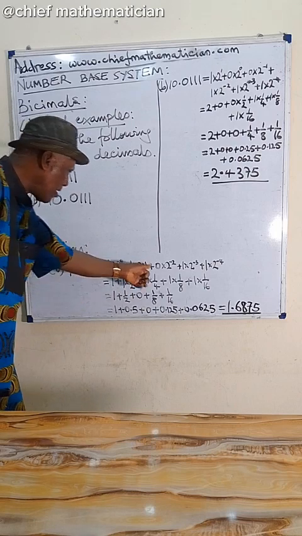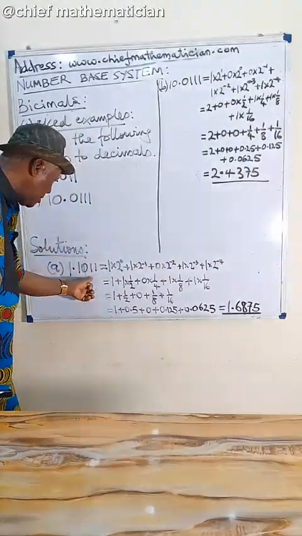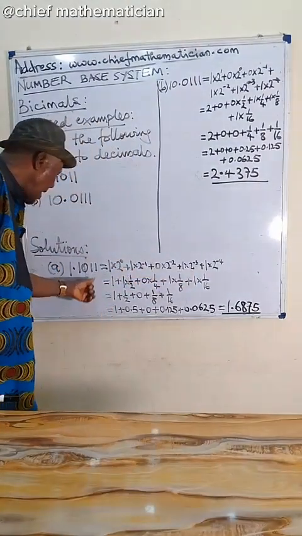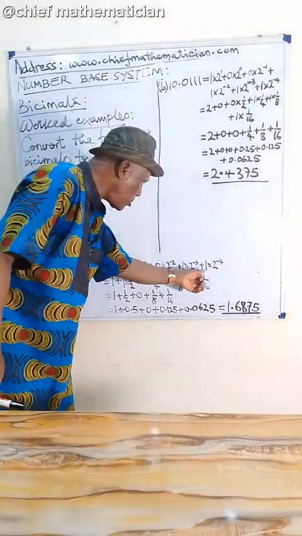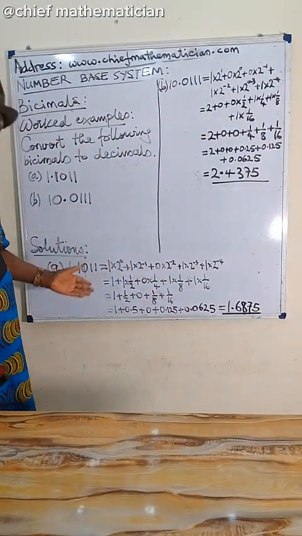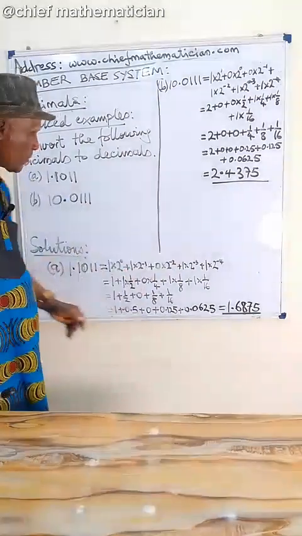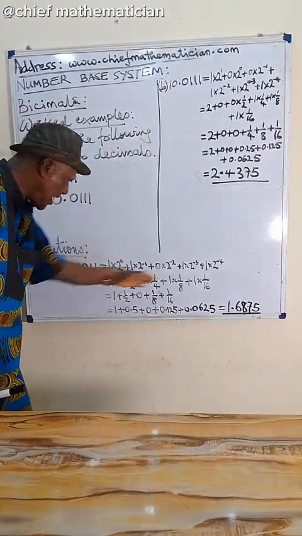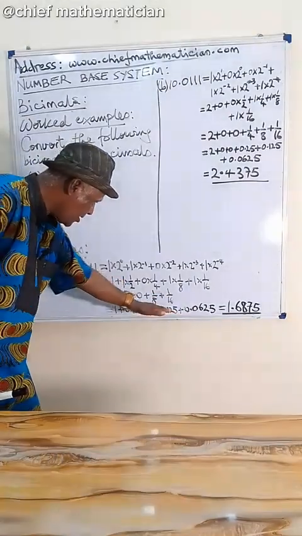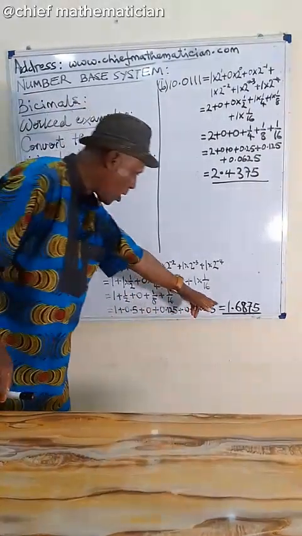This 0 is 0 times 2 to the power minus 2. This one is 1 times 2 to the power minus 3. And this last one is 1 times 2 to the power minus 4. That is following the place values. You come down, you get something like this, and finally you end up with that.